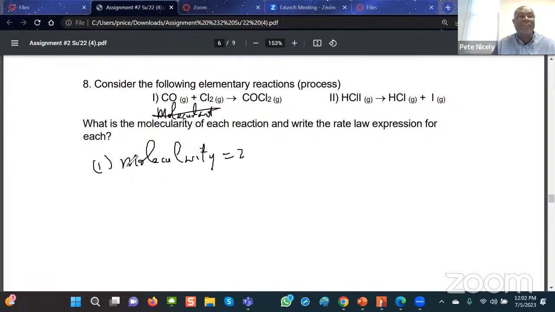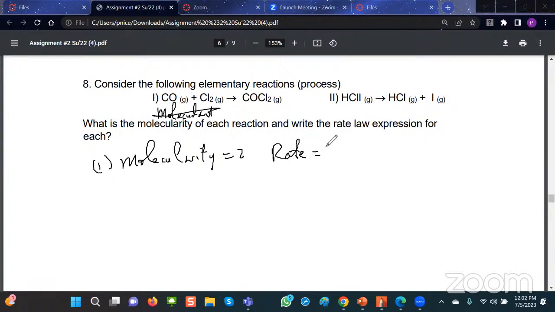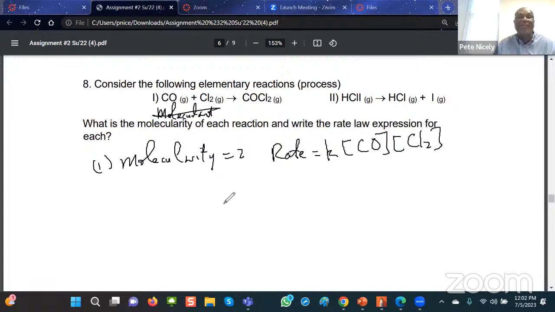Okay, and what would be the rate law for this equation? Rate is equal to what? I put rate equals K1 times the concentration of carbon monoxide times the concentration of Cl2. Correct. That is indeed correct. All right, so that would be the rate law for the first equation.